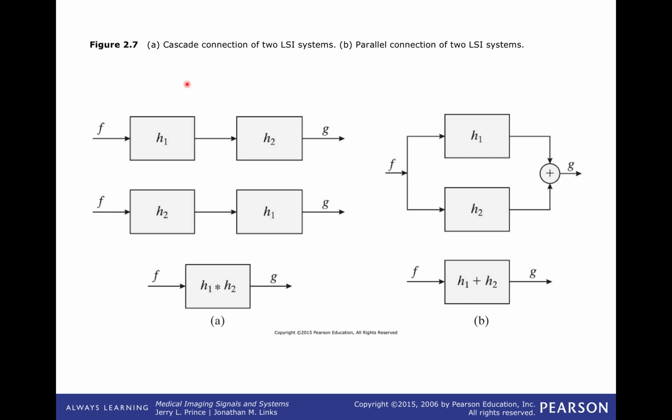cascaded systems you'd like to model. And if they are linear shift invariant, it doesn't matter what order they happen. Right? So you can blur it with the light first and then blur it with your detector next, or if it was done in the opposite direction, it wouldn't make a difference. And so these cascaded systems, whether you do H1 then H2 versus H2 then H1 with your input to get your output, doesn't matter.